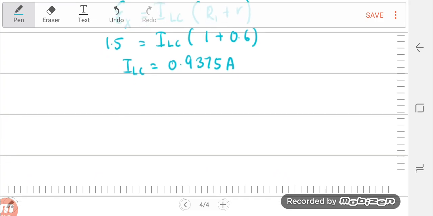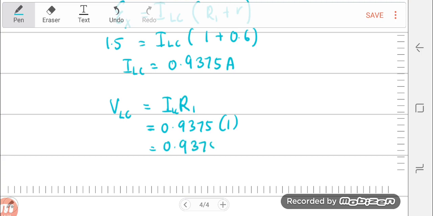VAP is actually the V of the lower circuit. V of the lower circuit equals to the whole current passing through the lower circuit, ILC, times the external resistance, which is only R1. So 0.9375 times 1. So we can get 0.9375 volt.